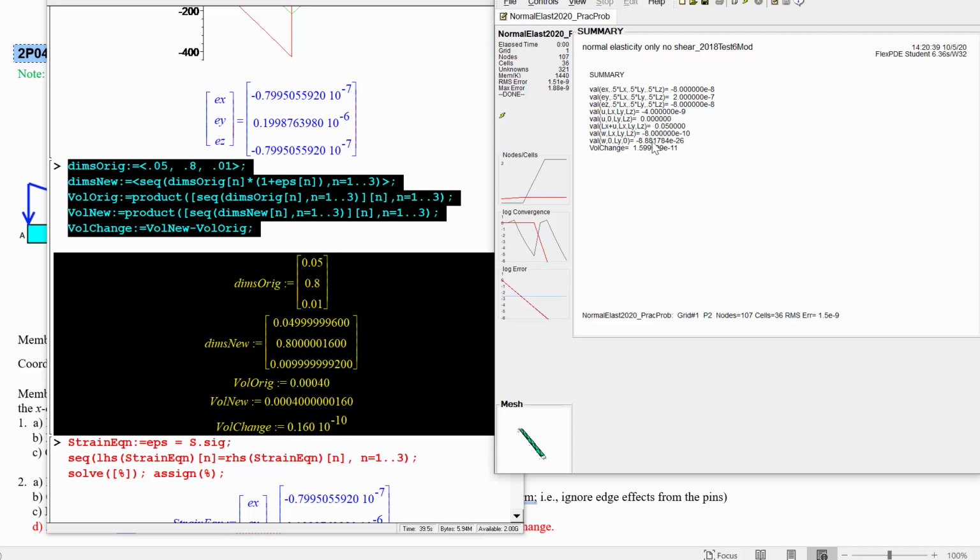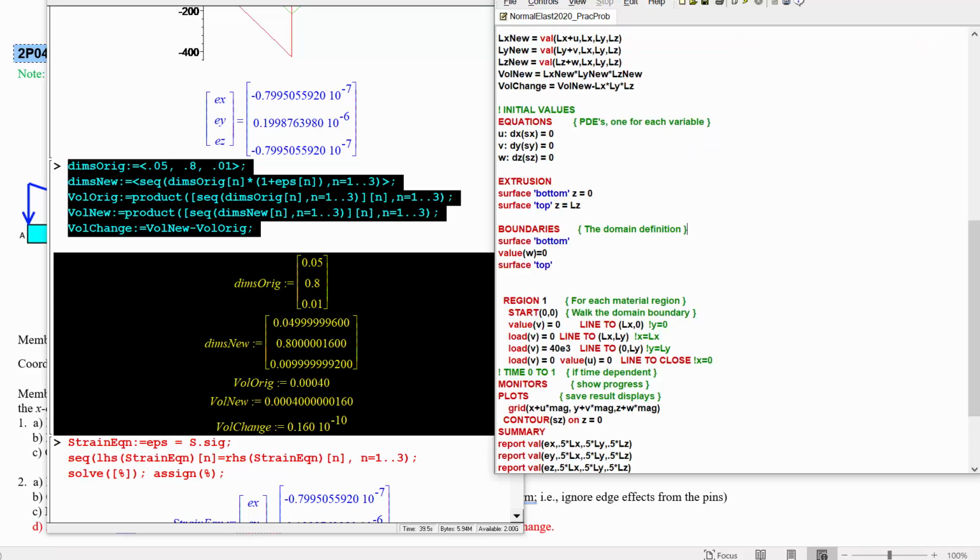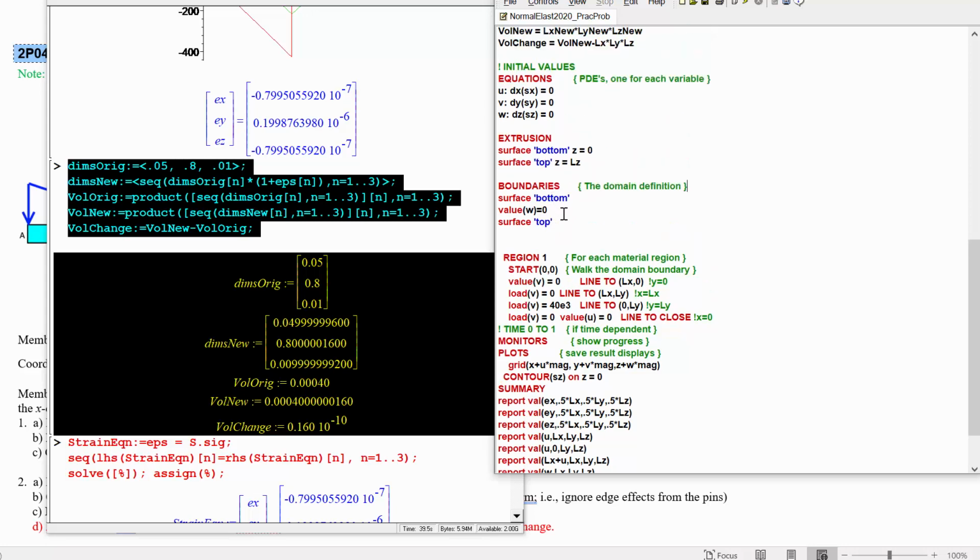And now it's agreeing with the volume change. So the thing that made the difference again was by setting that the displacement in Z is 0 all along the Z equals 0 surface.